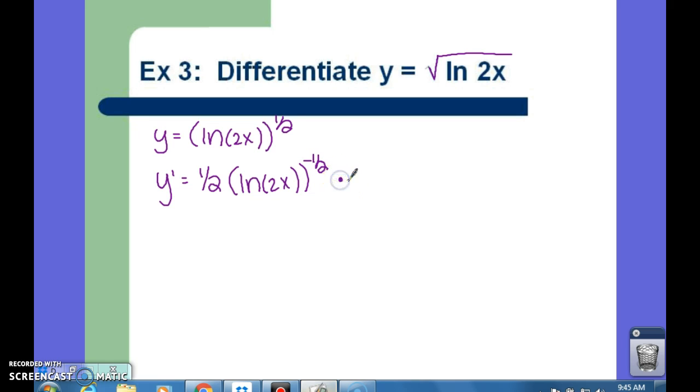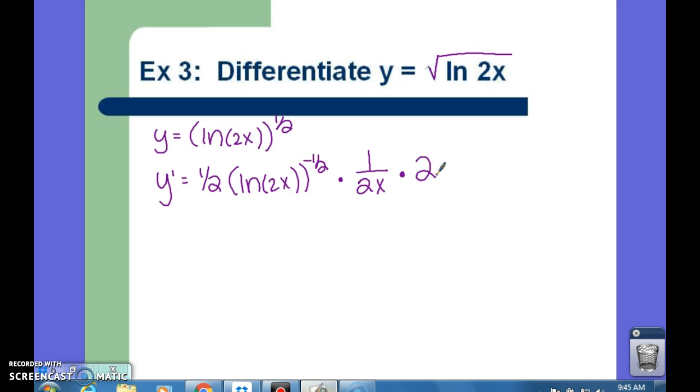Chain rule says then you take the derivative of the next inside piece, which would be the derivative of the natural log aspect. So that would be 1 over what's inside the natural log, which is 2x, times the derivative of the inside stuff, so derivative of 2x is 2. Well, what do you know about 1/2 being multiplied by 2?